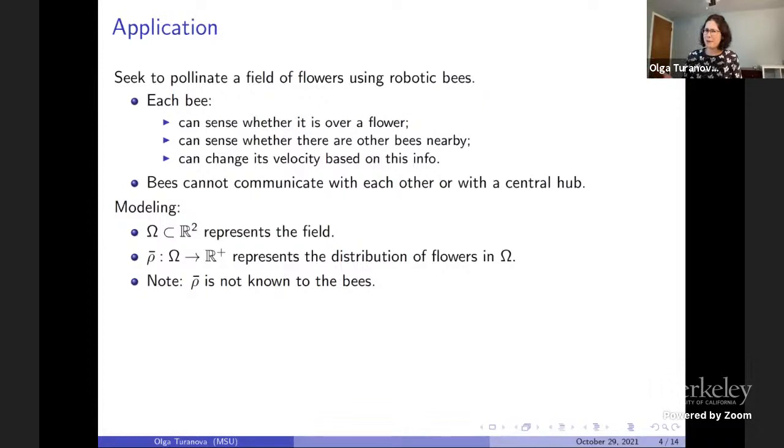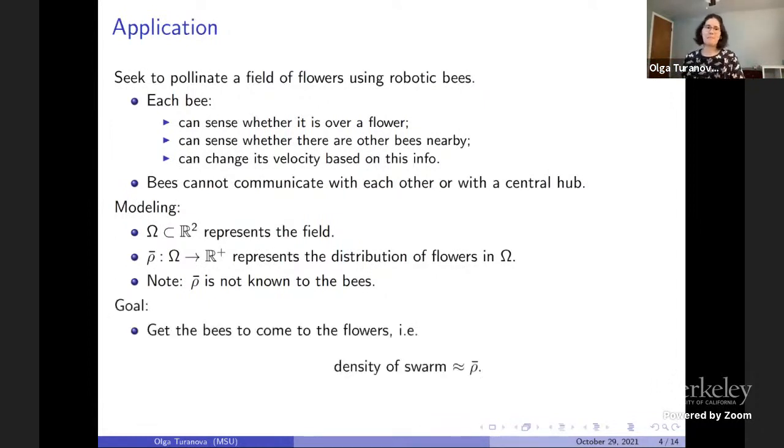Because if it were, there wouldn't be much to do. You could just direct the bees. But yes, rho bar is not known to the bees. And the goal is to get the bees to come to the flowers. In other words, we want the density of the swarm to be like rho bar.